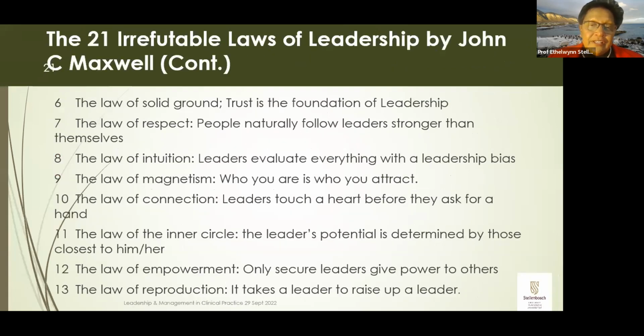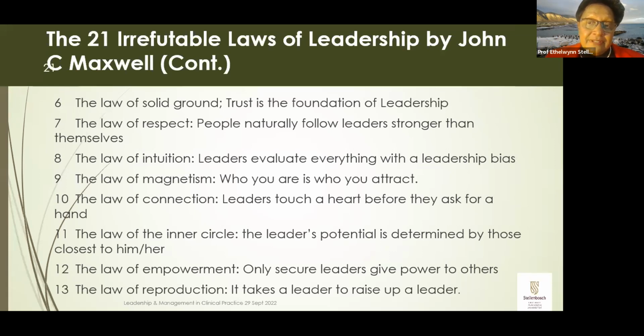The law of solid ground, and this is important for us as leaders. Trust is the foundation of leadership. You need to have trust in your staff. That is why we spoke about how you need to know your staff. You need to trust them so they can feel that trust. And if you break the trust, it's going to be very difficult for you to build that trust again within your group.